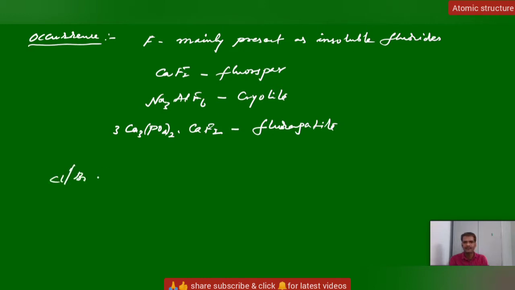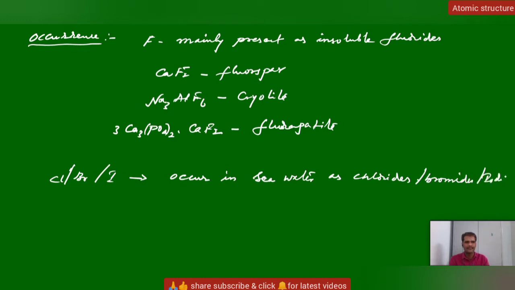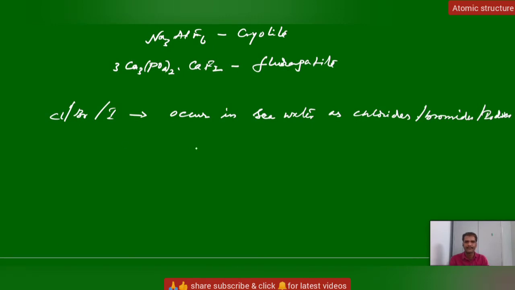Seawater consists of many types of salts, mainly chlorides, bromides and iodides of sodium, potassium, rubidium, magnesium, calcium, etc. Metal chlorides, metal bromides and metal iodides.